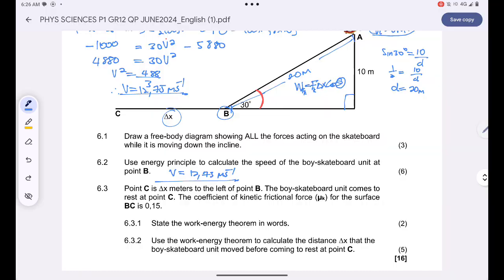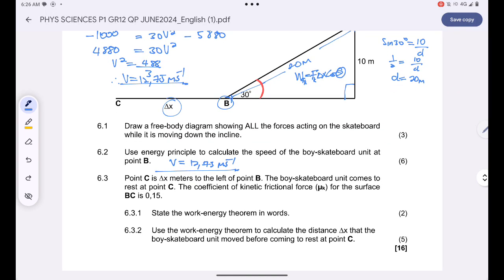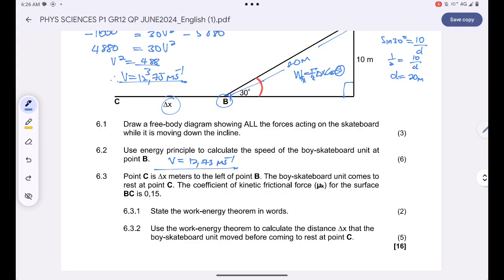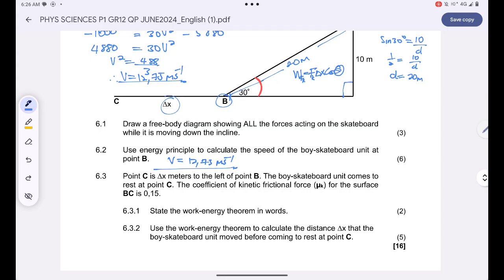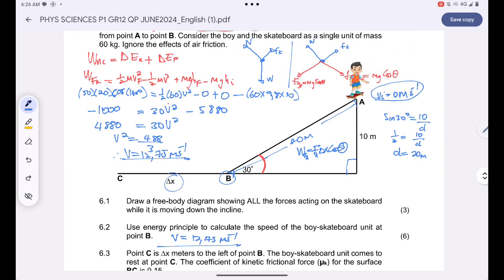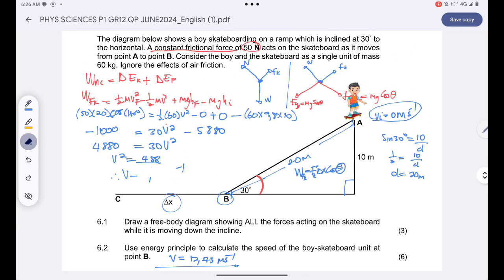Okay, and then 6.3.2, we are supposed to use the work energy theorem to calculate the distance x that the boy's skateboard unit moved before coming to rest at position C. They want us to find that horizontal distance of BC.